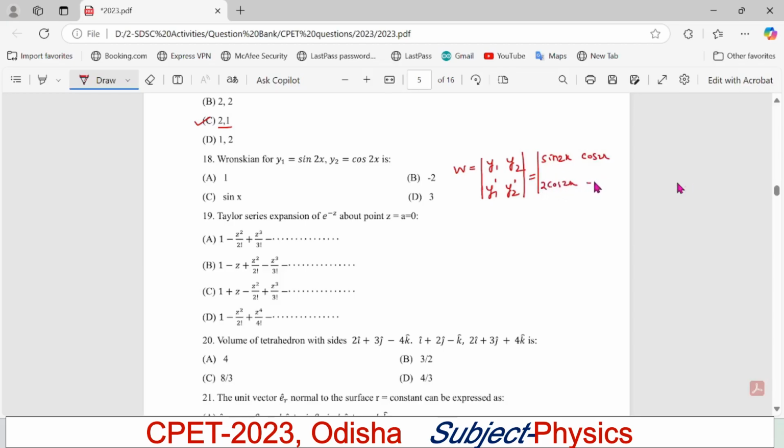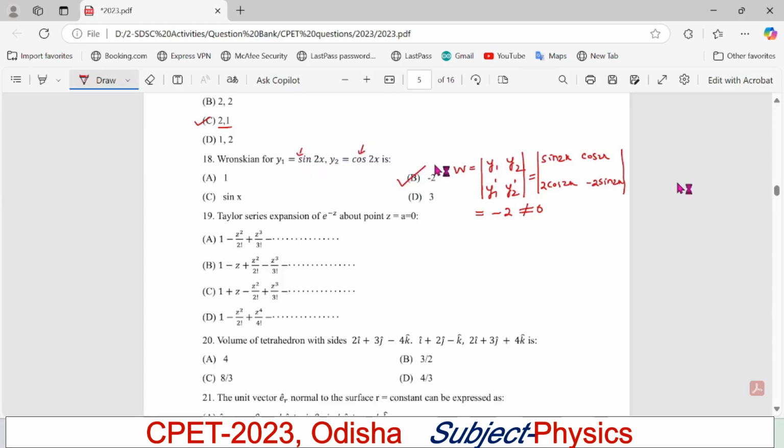The derivative of cos 2x is minus 2 sine 2x. Okay, so you just calculate this determinant, you can find it will be minus 2, which is not equal to 0. So here, in the question it is asked what is the Wronskian. The option is B. Suppose this question may ask you to check whether the solutions are dependent or independent.